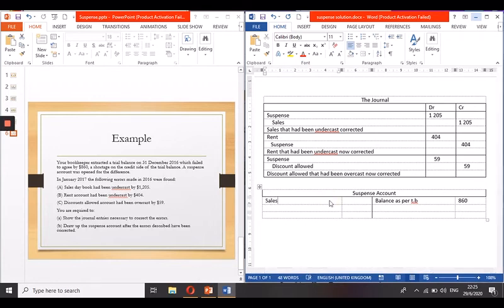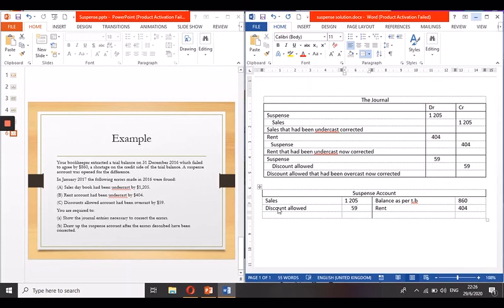Sales, since here it's on the debit, 1,205. Then rent is on the credit side, rent 404. Then next, discount allowed is on the debit side, $59.